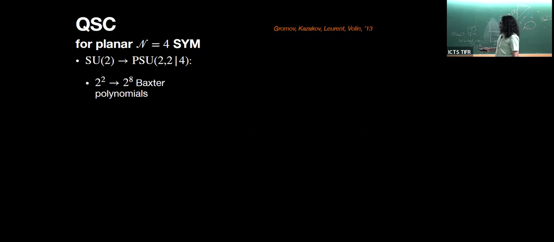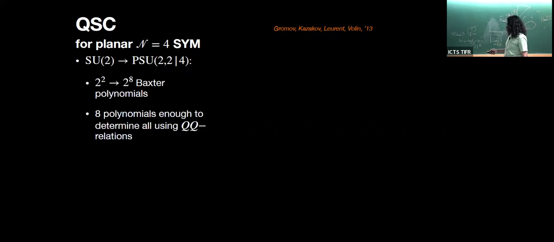You may say, I showed you only 2 Baxter polynomials. How are there 4? Actually, there is also a trivial Baxter polynomial, which is 1, and also u to the power L can be considered a Baxter polynomial. So you actually have 4 Baxter polynomials in the SU(2) case, and in the PSU(2,2|4) case, you have 2 to the power 8 Baxter polynomials.